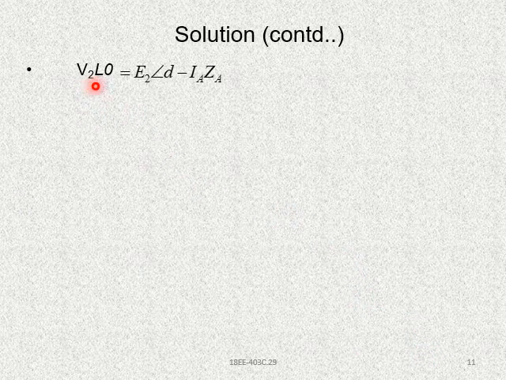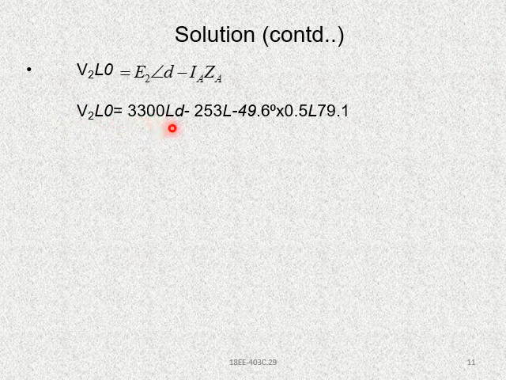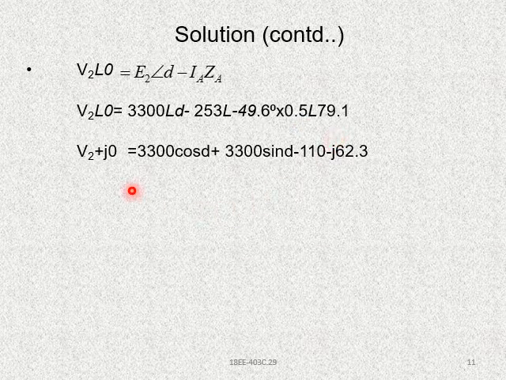Next we know that V2 at an angle of 0 is equal to E2 at an angle of D minus IA ZA, that is V2 at an angle of 0 is equal to 3300 at an angle of D minus IA, whose value is 253 at an angle of minus 49.6, into ZA, which is 0.5 at an angle of 79.1.